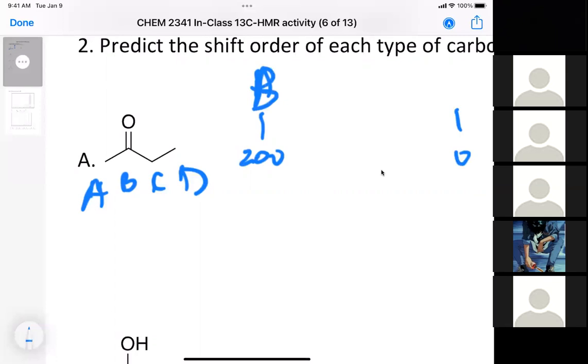All right, now let's look at C and A. They're going to be our next most downfield because they are 1 bond away from the carbonyl. So which one's going to be further downfield?